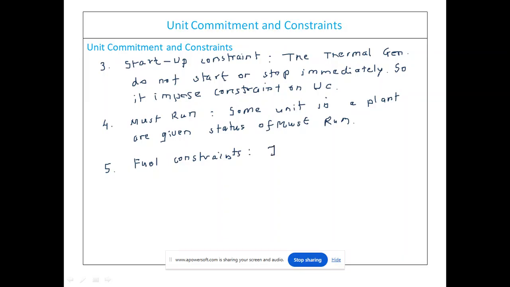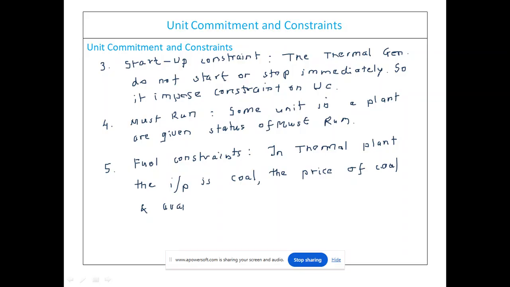In a thermal plant, the input is coal, and the price of coal and its availability is volatile.